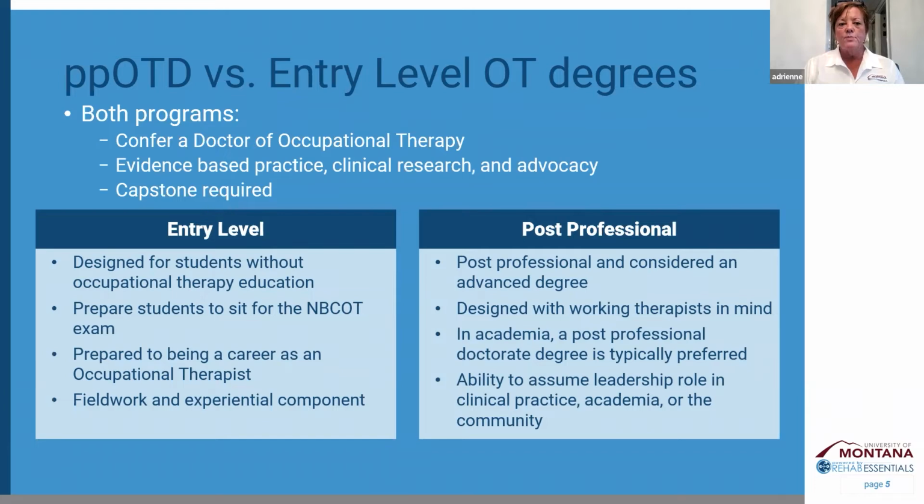That is the degree that prepares a student to sit for the NBCOT exam, versus those of you coming for a post-professional degree, who have already sat for your exam and are practicing occupational therapists. That's a distinct difference. We are not looking at an entry-level degree here.